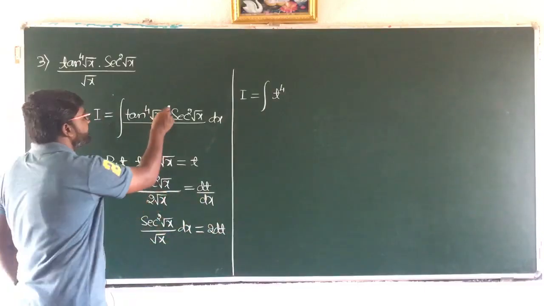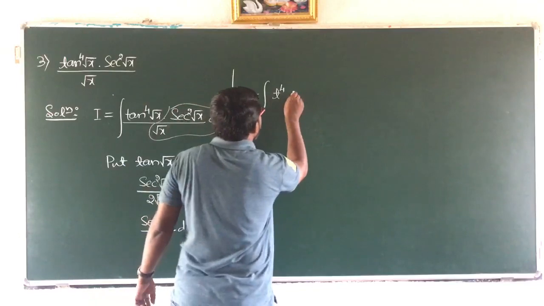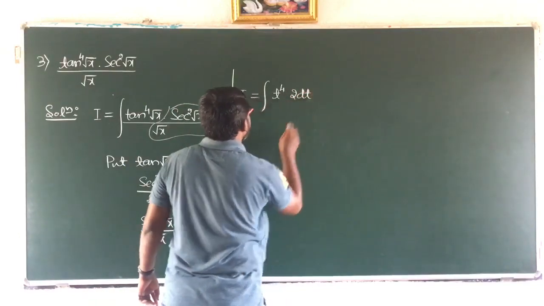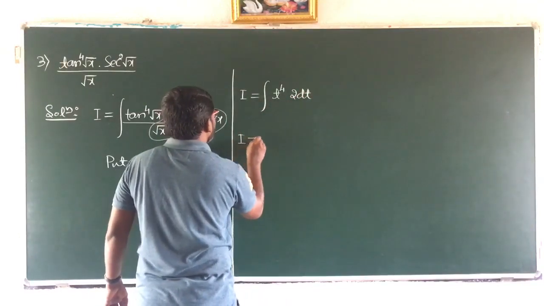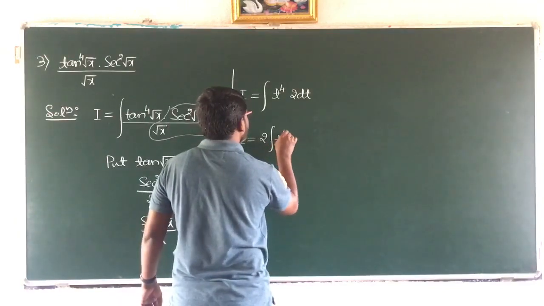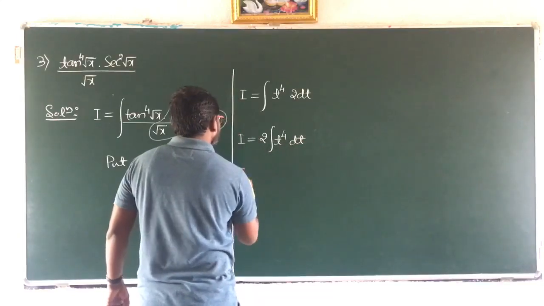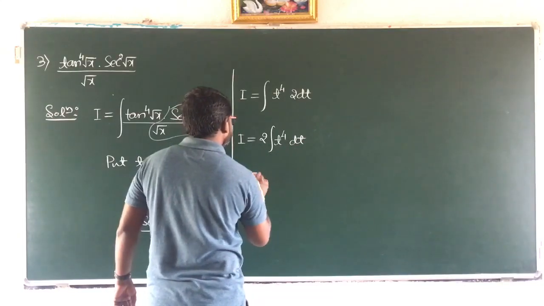So I, which is equal to 2, a constant, written outside, then it becomes t raised to 4 dt.